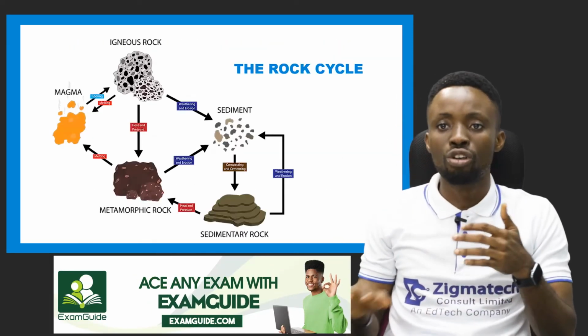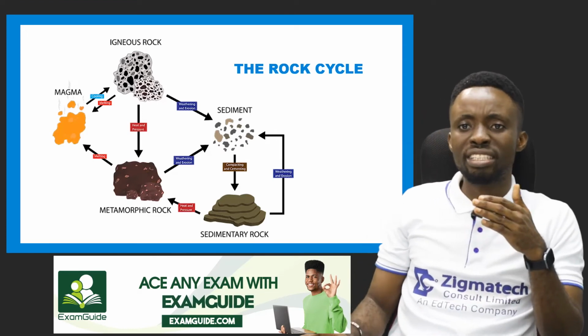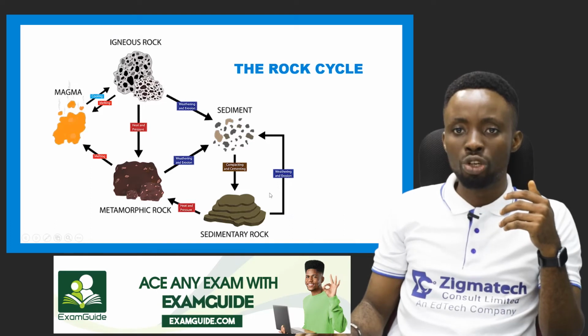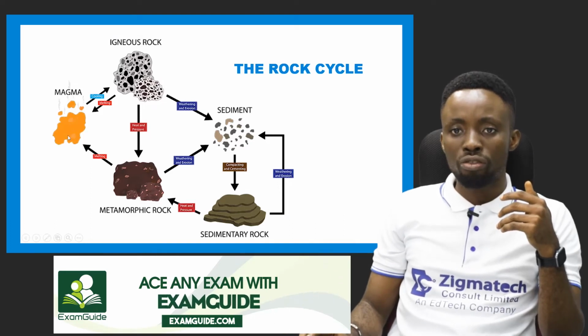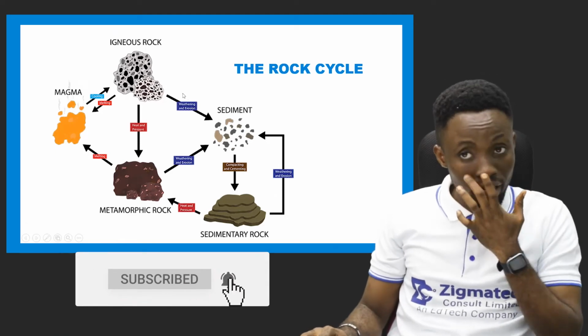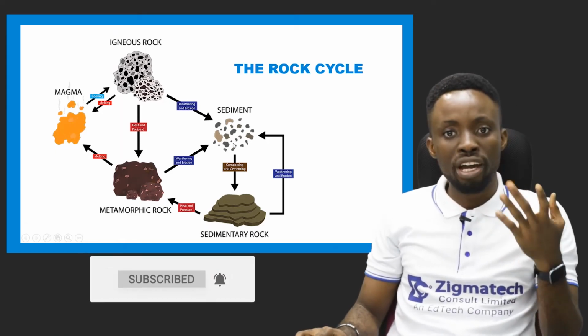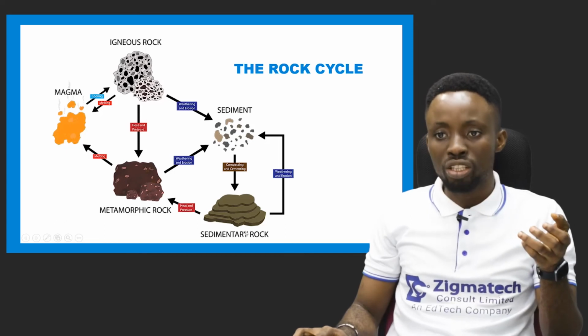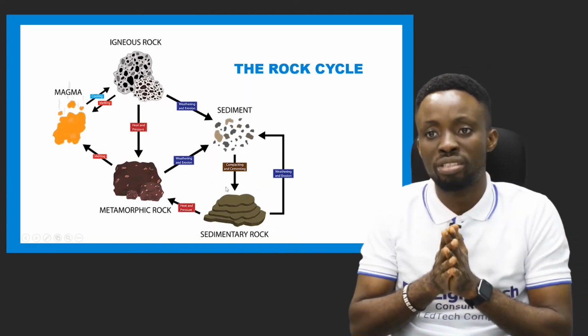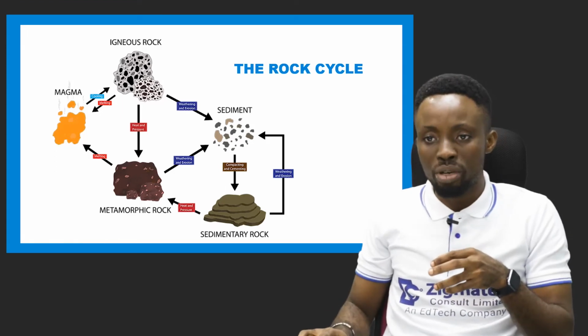So this is a typical example of how the rock cycle is. Now we have the igneous rock, formed from the solid magma. Now when it breaks down through weathering and erosion, the sediments will form a sedimentary rock, and this is the sedimentary rock we have here. So after lithification and cementing of that sediment, we have the sedimentary rock.